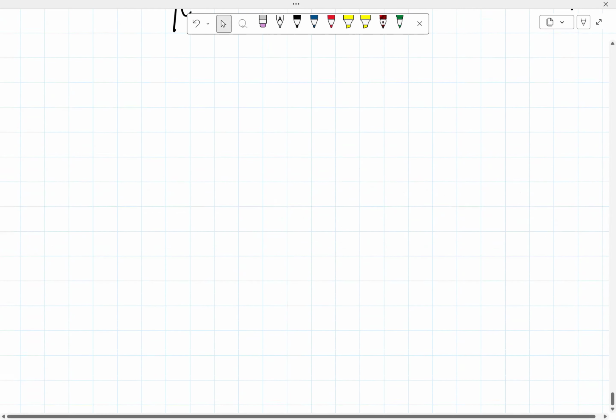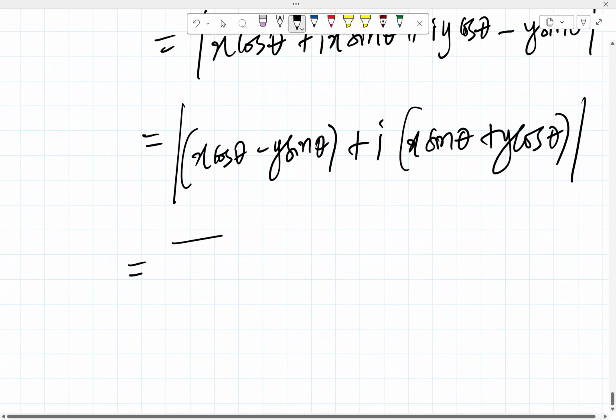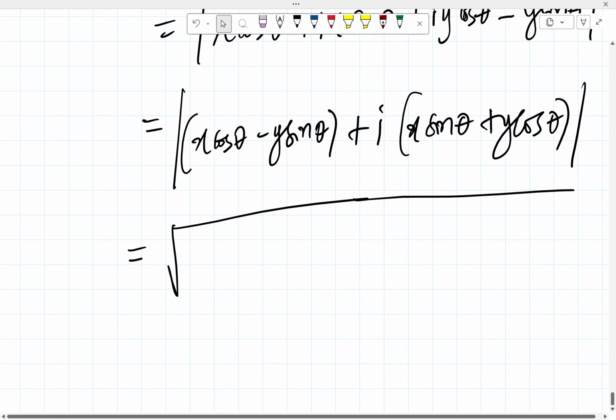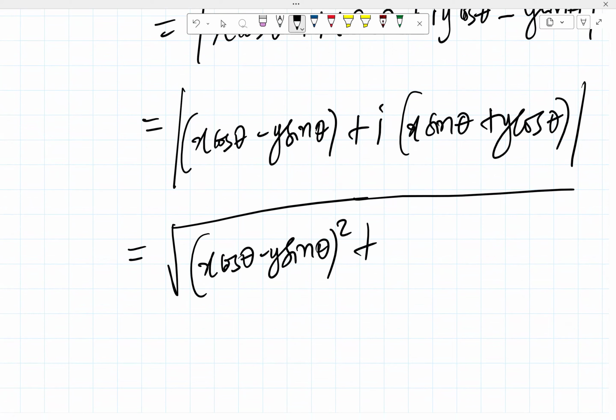This simply means the square root of (x cos theta minus y sine theta) all squared plus (x sine theta plus y cos theta) all squared.